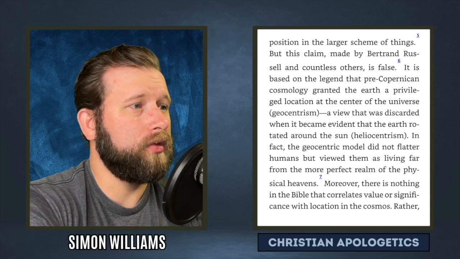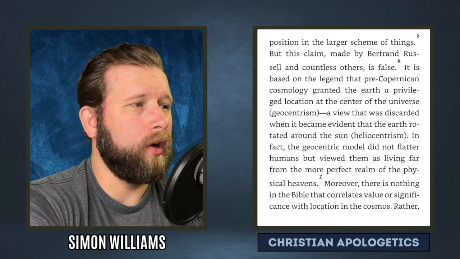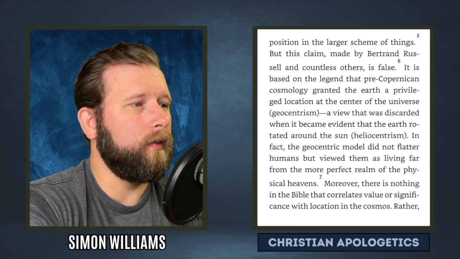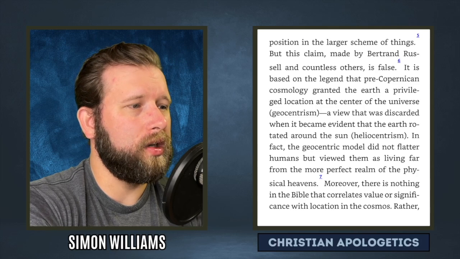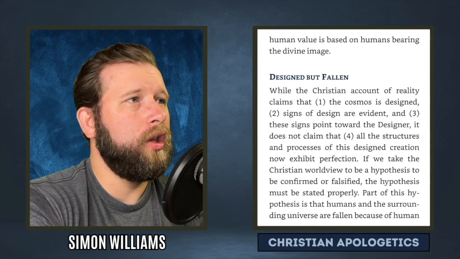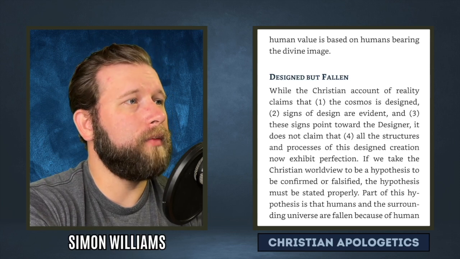In fact, the geocentric model did not flatter humans, but viewed them as living far from the more perfect realm of the physical heavens. Moreover, there is nothing in the Bible that correlates value or significance with location in the cosmos. Rather, human value is based on humans bearing the divine image, designed but fallen.